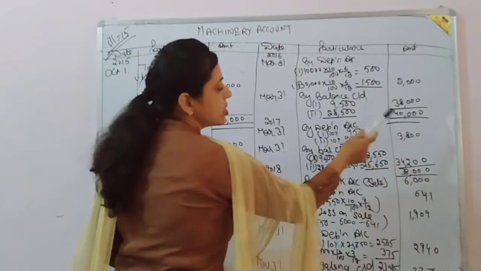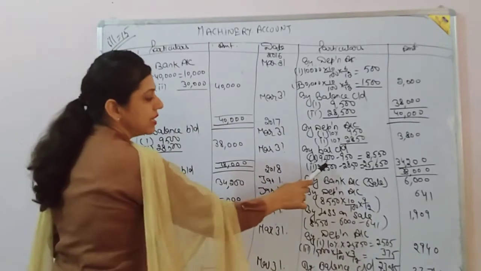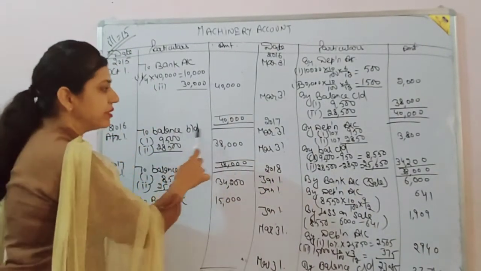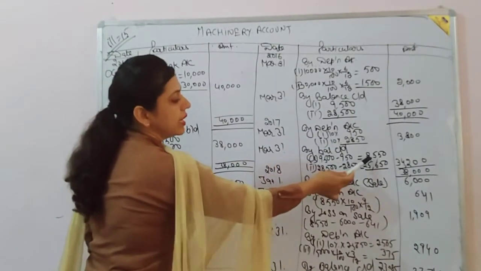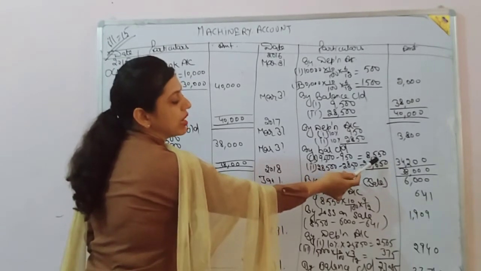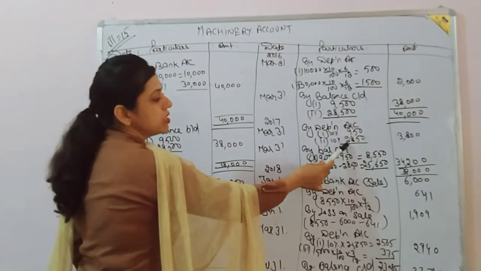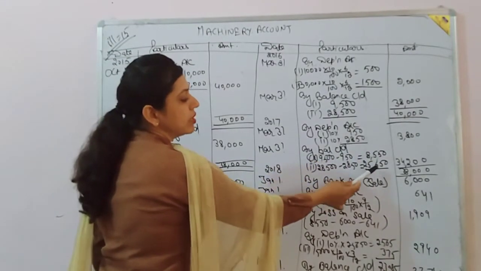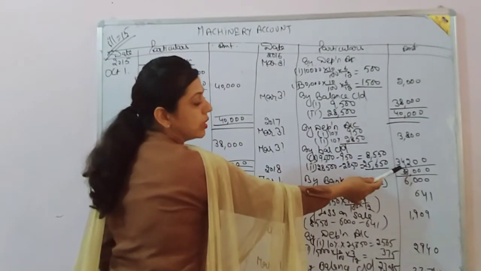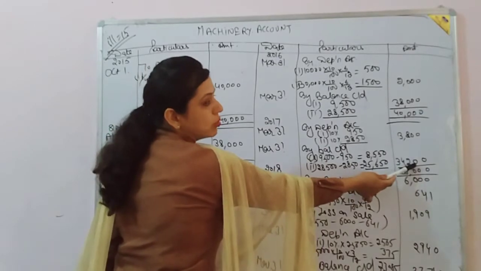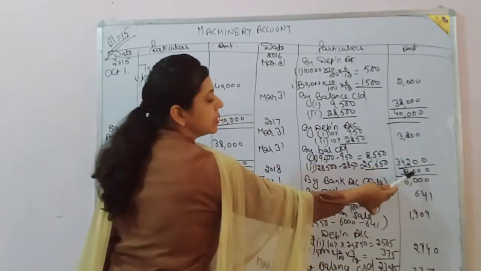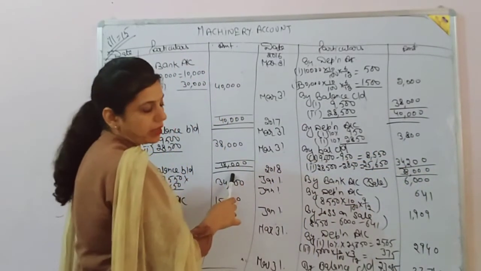So total depreciation is 3,800. Balances will be 9,500 minus 950, 8,550, and 28,500 minus 2,850, 25,650. Total is 34,200 and the grand total is 38,000, the same 38,000.